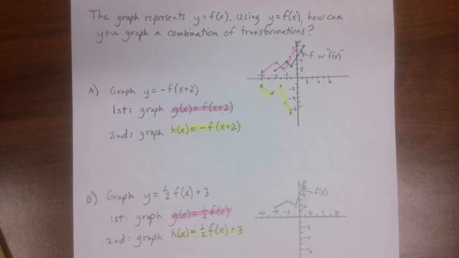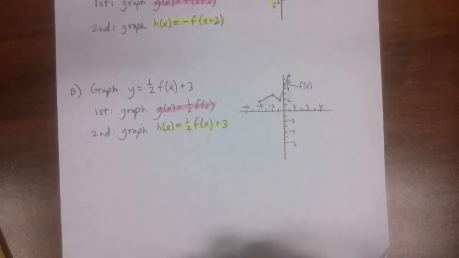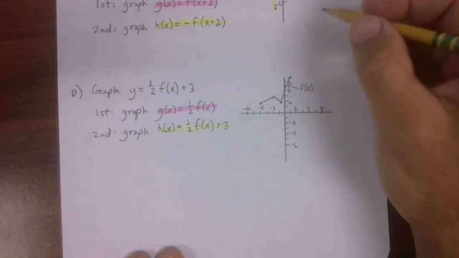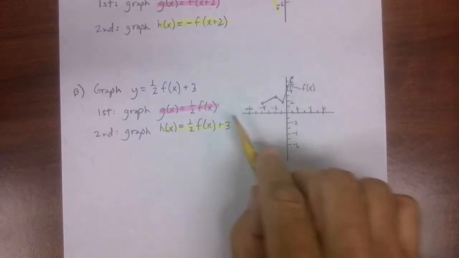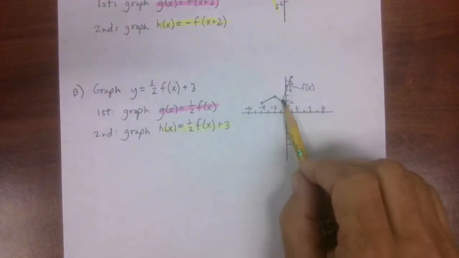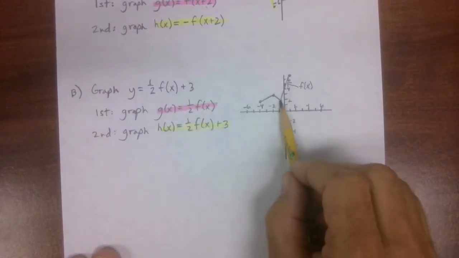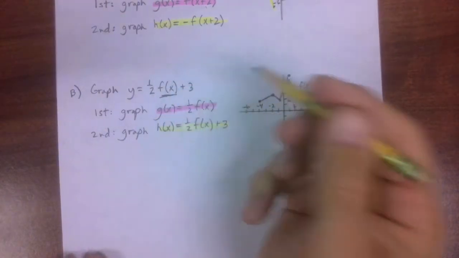Okay, let's take that same idea, apply it to this one. So here's the parent function. It's saying, okay, if this is f of x, we're going to make the adjustments to f of x.